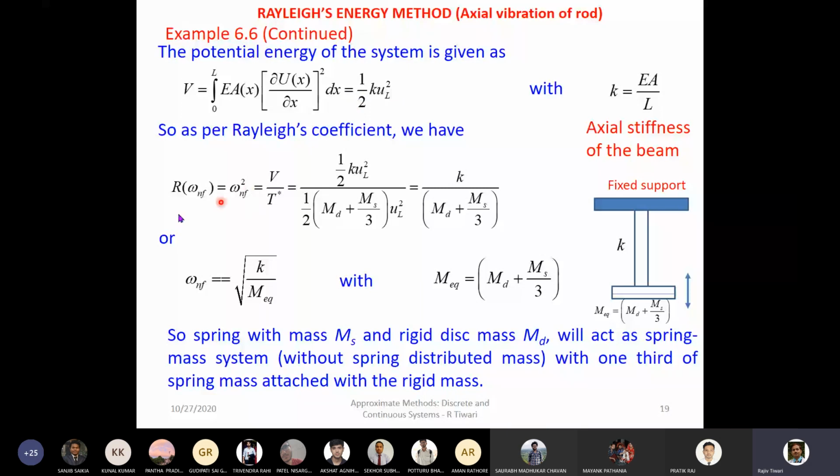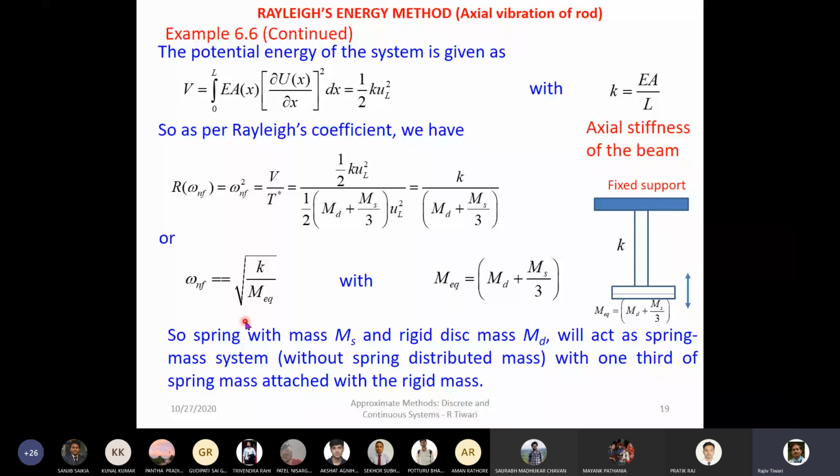Now we write the Rayleigh's energy form. So this is the potential energy, and this is the T star which we obtained earlier. If you take the square root of this, we will get K divided by M equivalent. So here we have K, and this we are writing as M equivalent. This expression is very familiar.